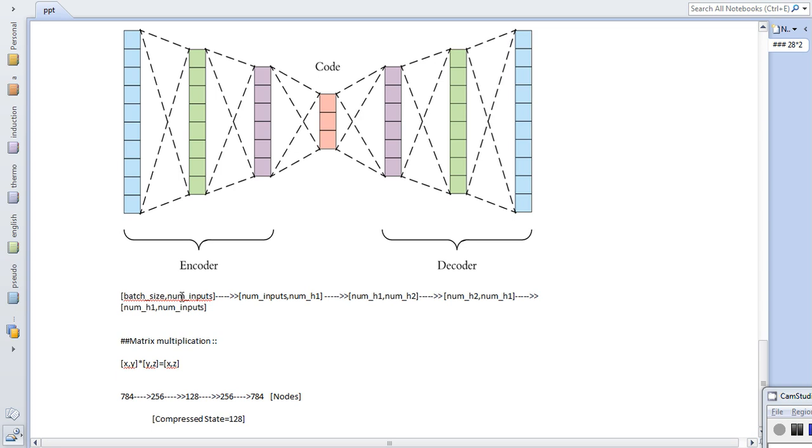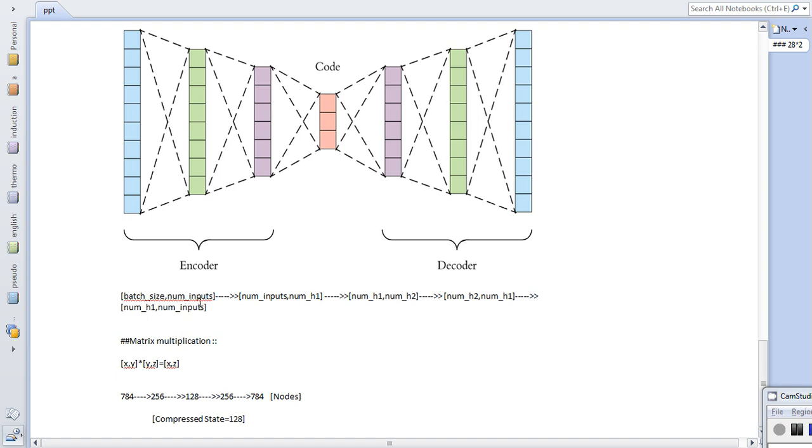So num_inputs is 784, then you convert it into num_h1, that is 256, and then you convert it into 128, which is num_h2, and then you again convert it into num_h1, which is 256, and then you convert it to num_inputs, which is 784.